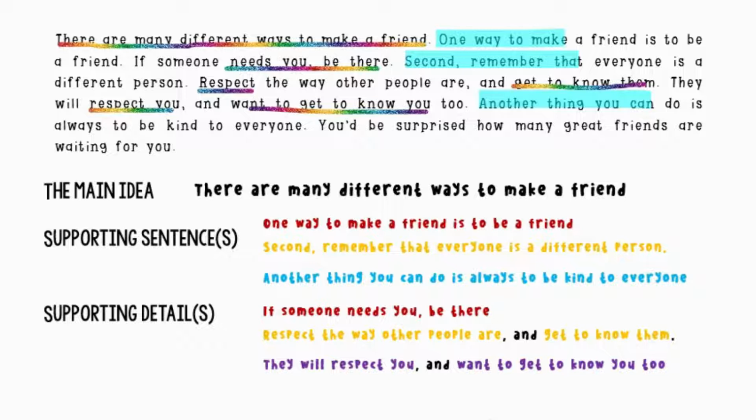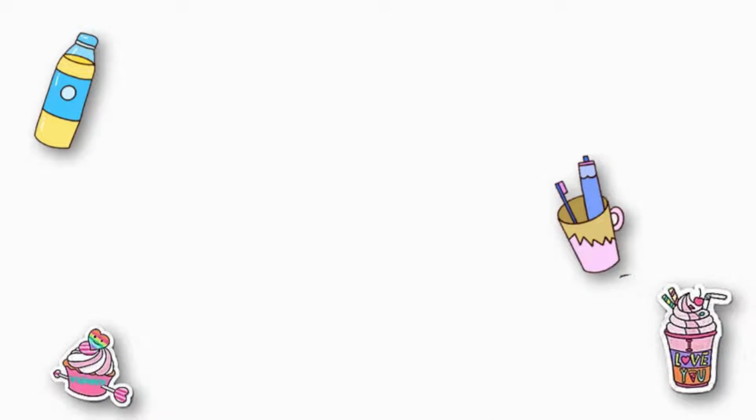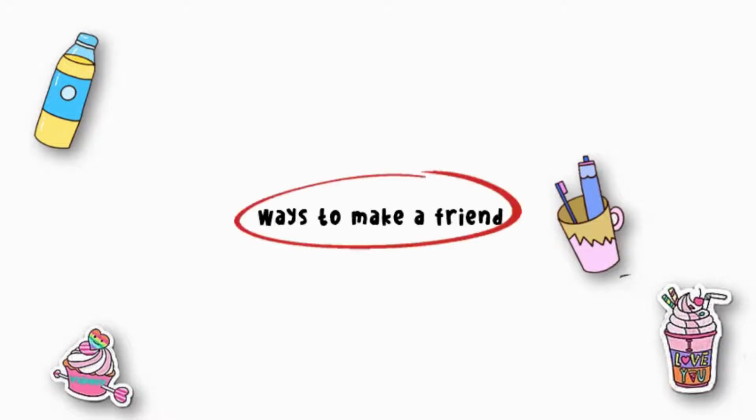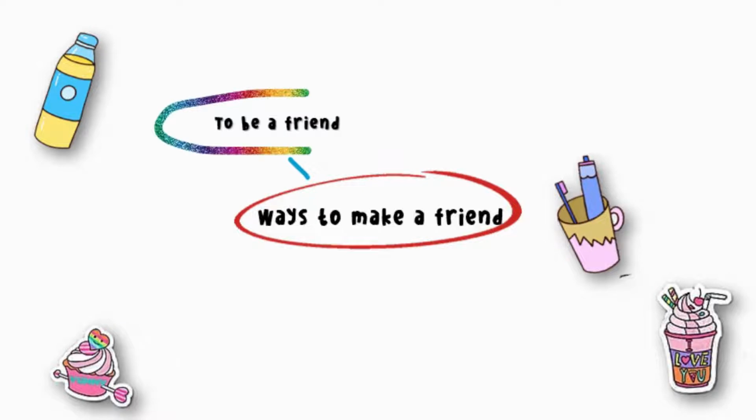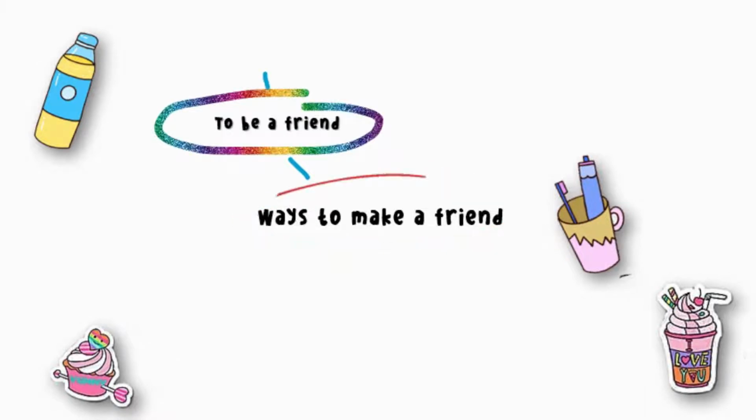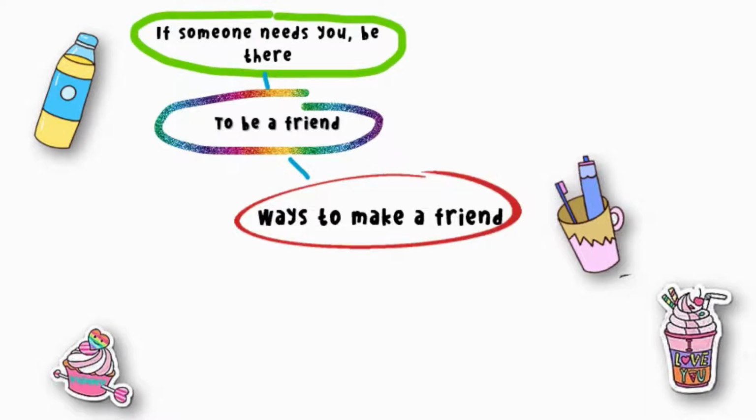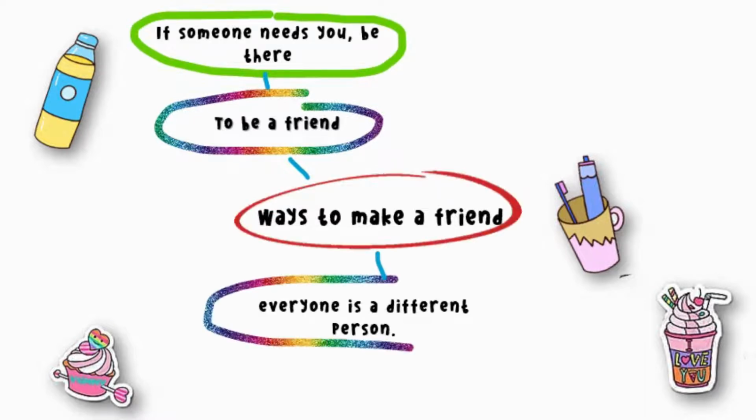How can we put them in a mind map? So how can we put the sentences that we have already found in the paragraph here? First, we put the main idea as a sentence, and then we write down the supporting sentences and their supporting details as the branches. You can see that here.